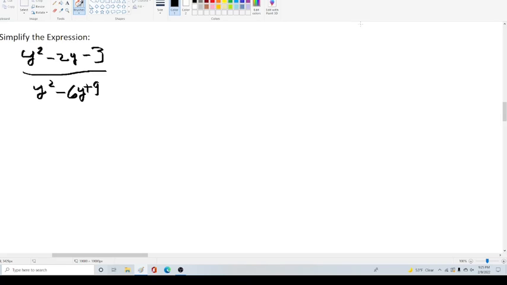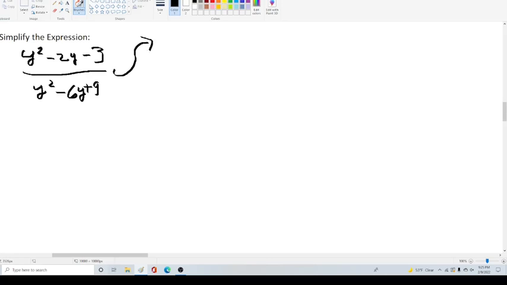Let's get into it. The directions to today's problem is simplify the expression y squared minus 2y minus 3 over y squared minus 6y plus 9. And we're trying to simplify the expression. So, before we even do anything, there's a couple things we wanted to mention.